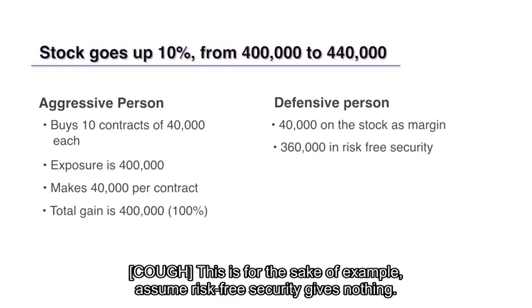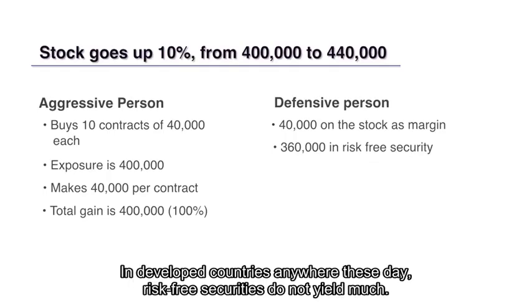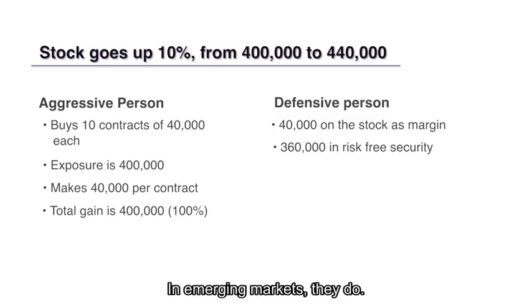Just for the sake of example, assume risk-free security gives nothing. In developed countries anyway these days, risk-free securities do not yield much. In emerging markets they do. For example, in India, where we are located, risk-free rate is even today 6.5%. Let's assume 0% for argument's sake.